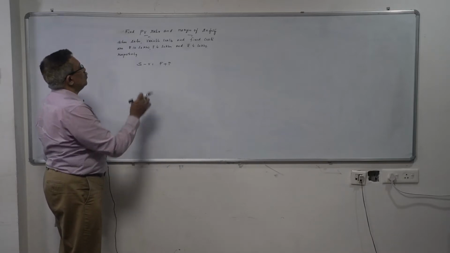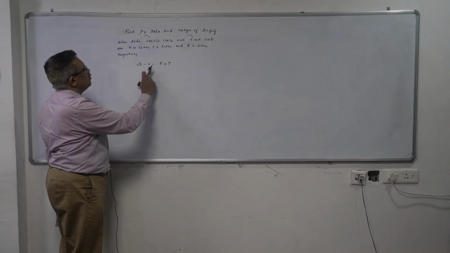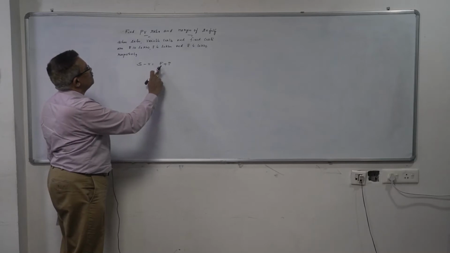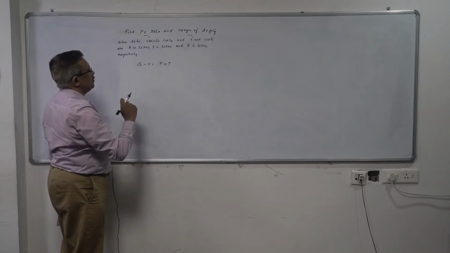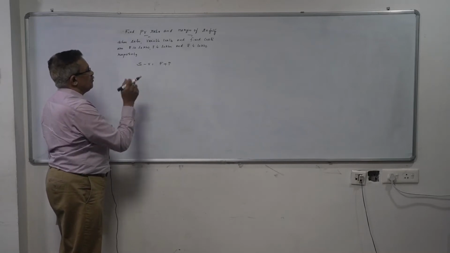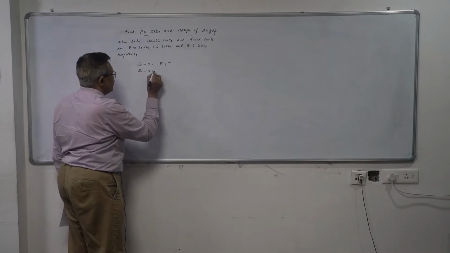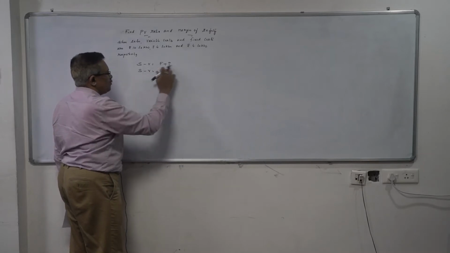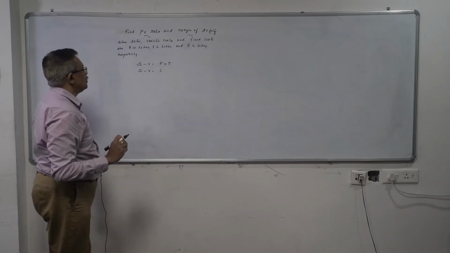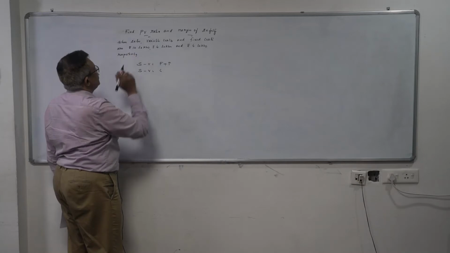Now, we have the information with regard to sales, the variable costs, and the fixed costs. So, I can find out the contribution. This particular S minus V itself is nothing but contribution. F plus P is equal to contribution. So, S is known to us. S is 10 lakhs rupees.